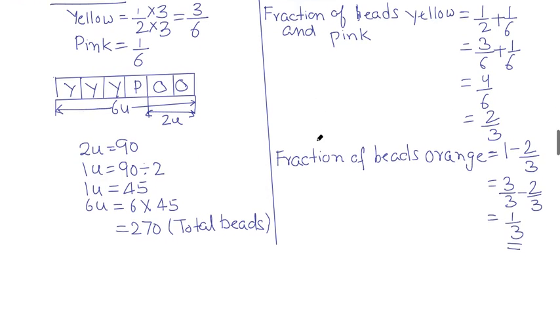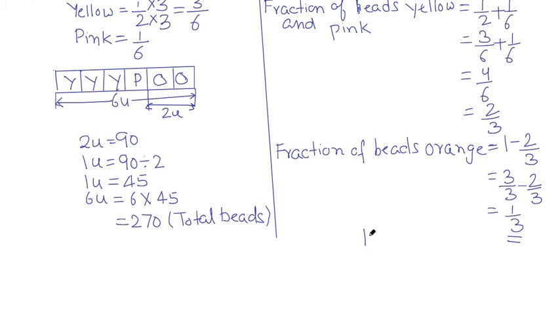So 1 unit is equal to 90, because 1/3 of the total, which is the orange beads, is 90. It's given. So the total number of beads, which is 3 units, is 3 times 90 equals 270.